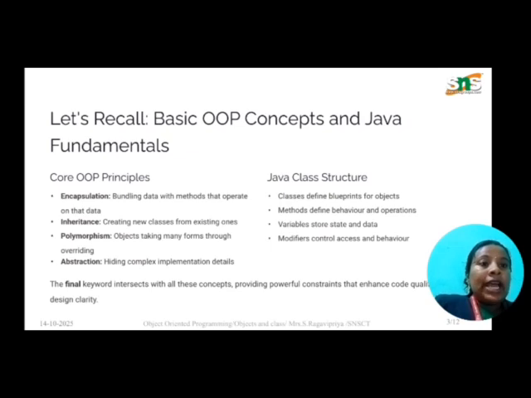Java class structure: the class defines the blueprint for objects. Methods define behavior and operations. Variables store state and data. Modifiers control access and behavior. The final keyword intersects with all these concepts, providing powerful constraints that enhance code quality and design clarity.